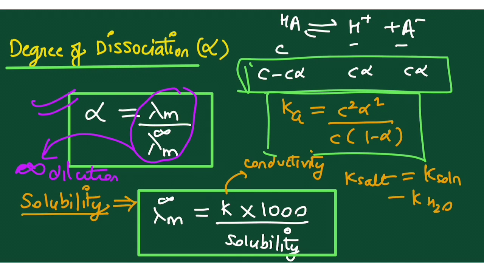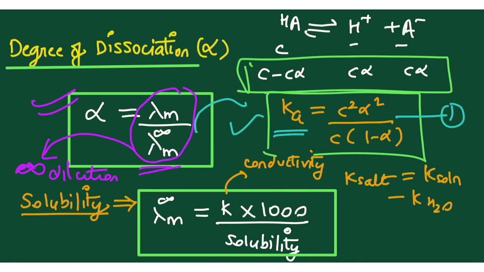Always remember, as dilution increases, lambda m increases, and at infinite dilution it is maximum. Therefore alpha is lambda m divided by lambda m infinity. If you have lambda m and lambda m infinity, you can calculate alpha, and if you have alpha, you can put this in the Ka equation number 1, and you can calculate Ka.